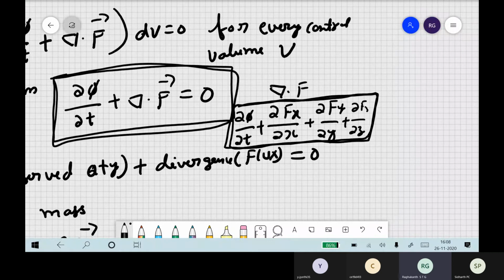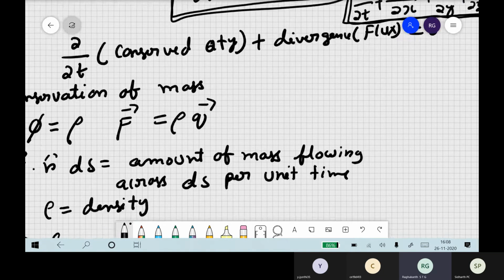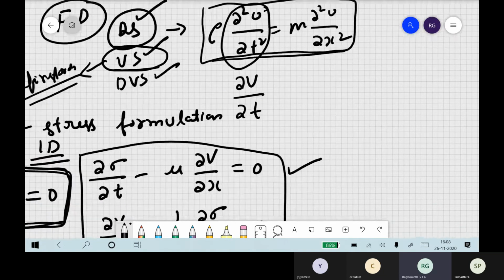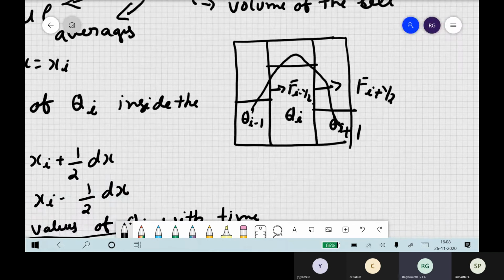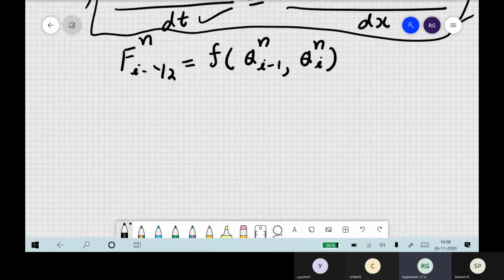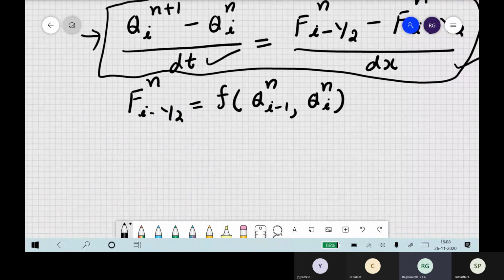Now if this is a volume, say in 3 dimensions, then you have boundaries in the x direction, the y direction, and the z direction. How much is coming through the x boundary, how much from y, and how much from the z boundary. So finally as dt and dx come down, it automatically goes towards this fundamental conservation equation itself.